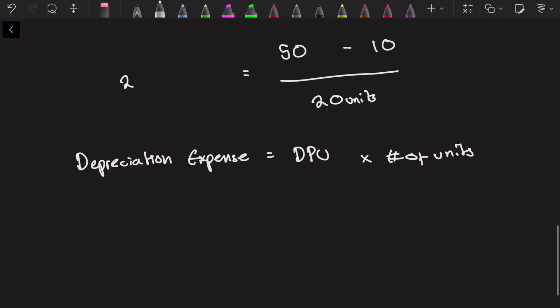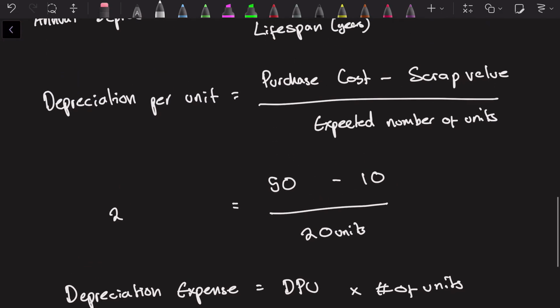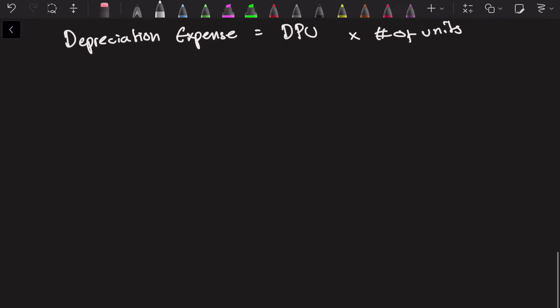That would be 2 times 10, so it's dropped by $20. After it pumps out 10 units, it's dropped by $20. After it's pumped out 20 units, it's dropped by $40. That's pretty chill. That just needs to be memorized.